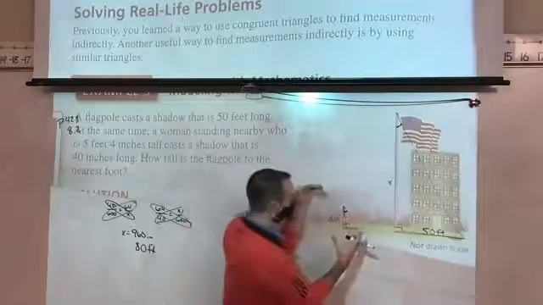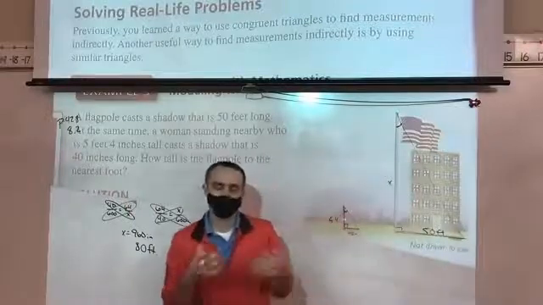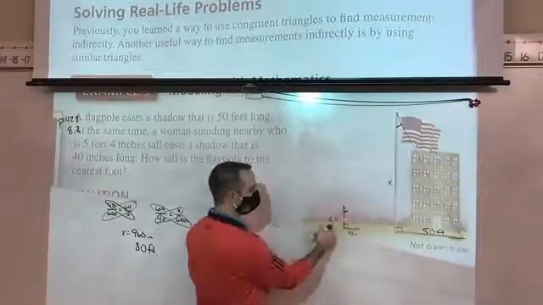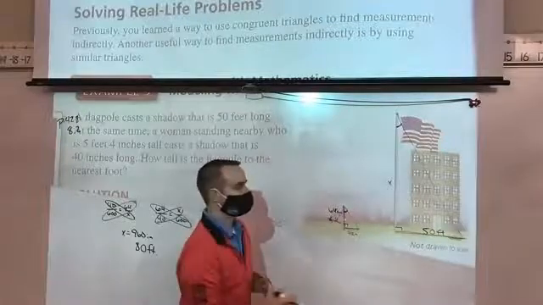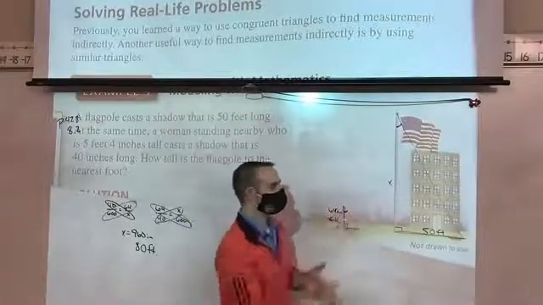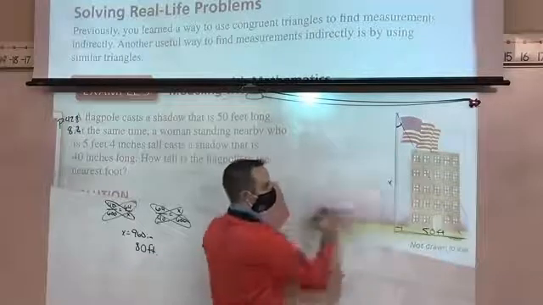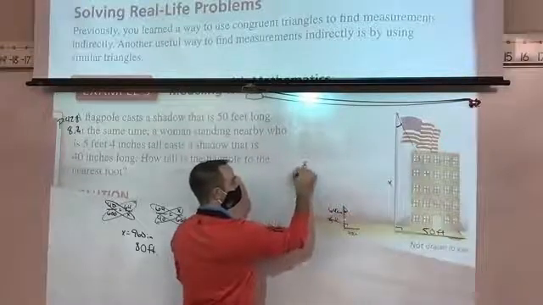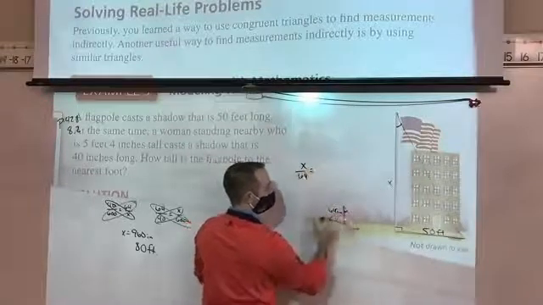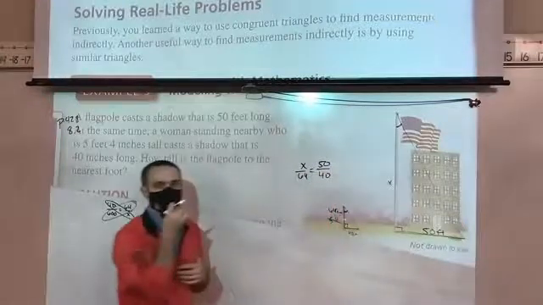So you could have all inches in one figure and all feet in the other, and that's completely okay. It's still gonna work. I still have to change this into 64 inches. I can't get away from that. But if I set up my proportion using corresponding sides, like a scale factor sort of thing, X over 64 and 50 over 40, this is completely okay.